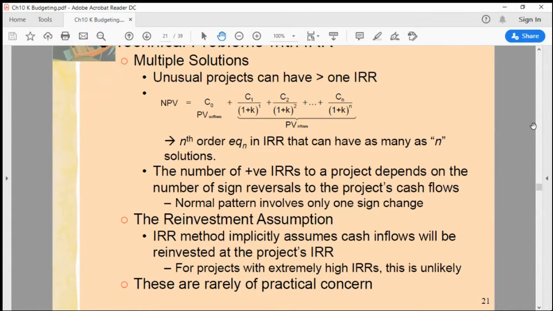The second problem is that the internal rate of return method implicitly assumes cash inflows will be reinvested at the project's internal rate of return, which is usually the case actually, right?